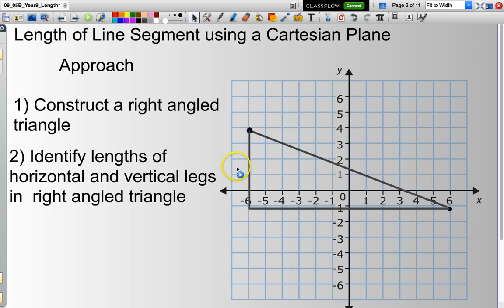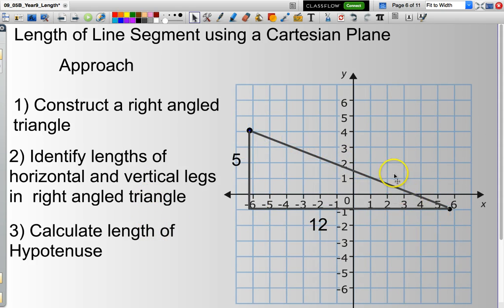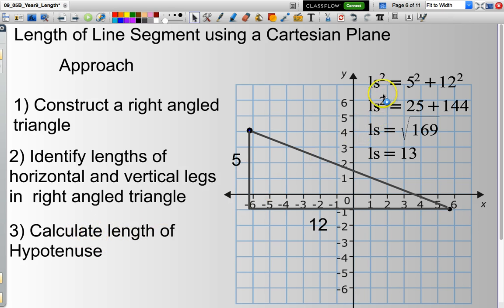So vertical leg is 5, horizontal leg, well, is 12. Then calculate the length of the hypotenuse. This one here is the hypotenuse, because it is across from my right angle. So I can say that this line segment squared is 5 squared plus 12 squared. If you follow the maths all the way through, the length of the line segment is 13.